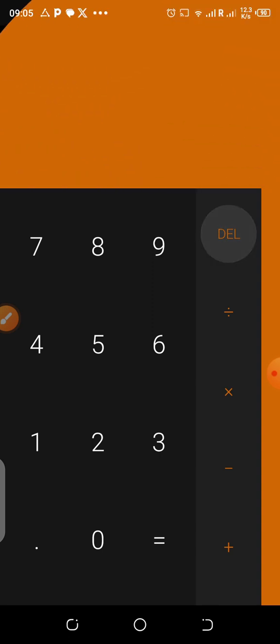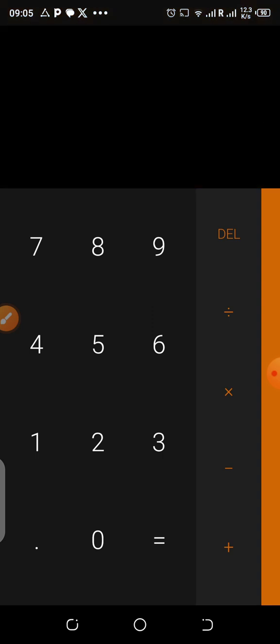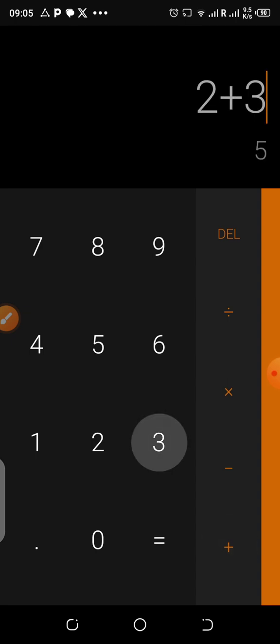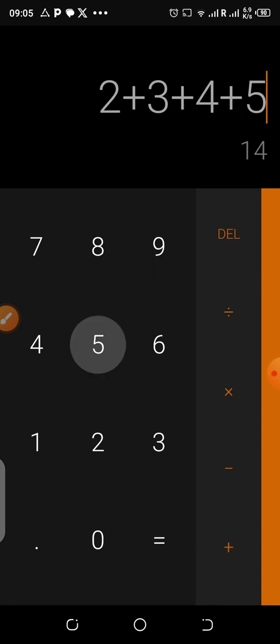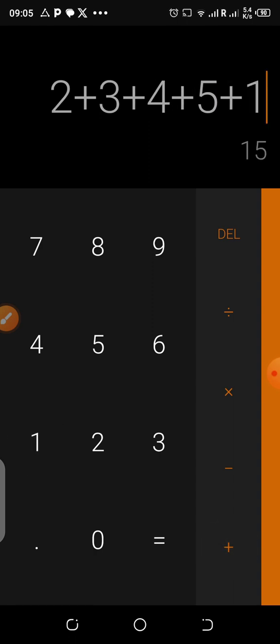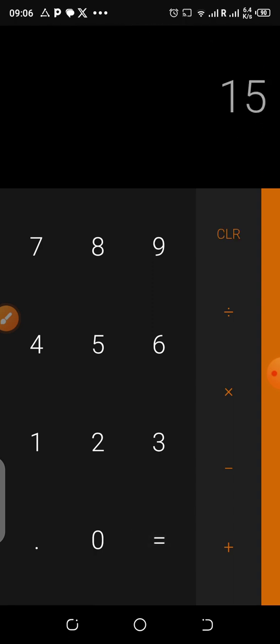So let's go to the plus 1. How much do you need? Plus 1: 2 plus 3 plus 4 plus 5, plus our first dollar that we entered the market with, which is totaling up to 15.